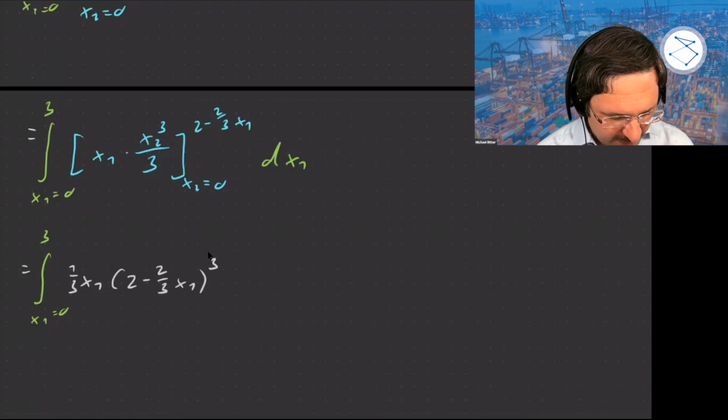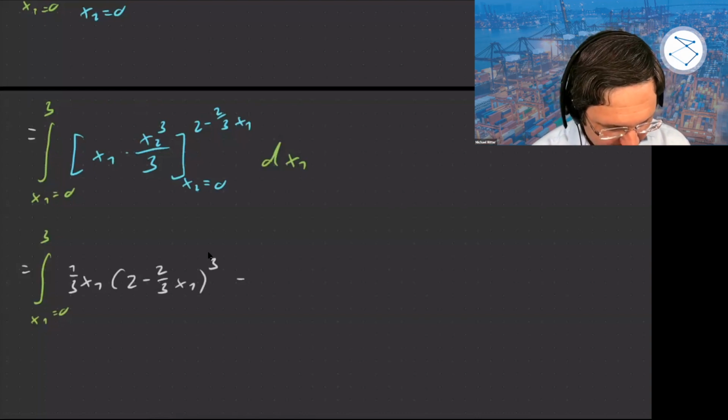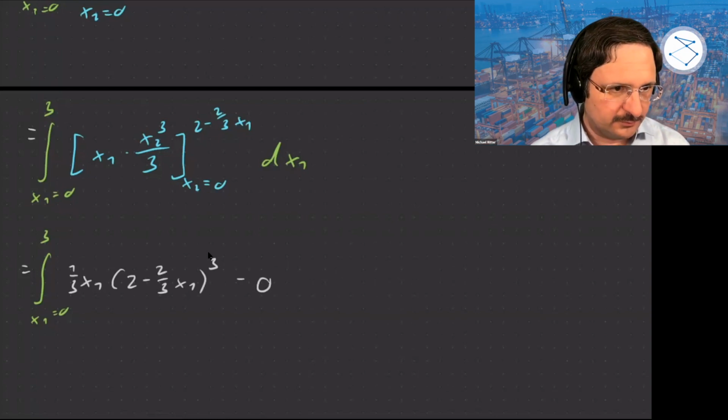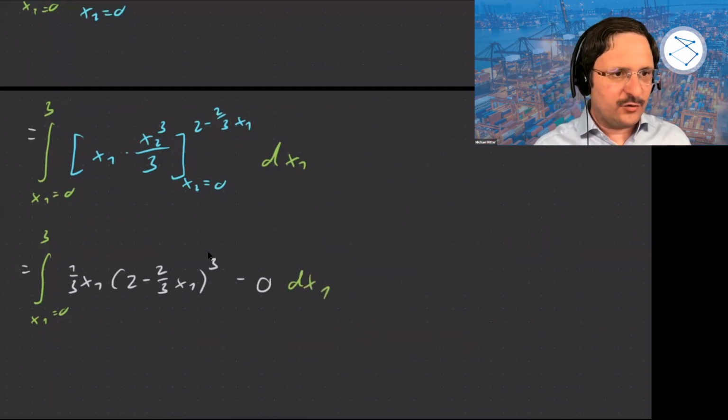And for the lower bound, let's see, we get minus x1 times 0, so minus 0. And we need to integrate that dx1.